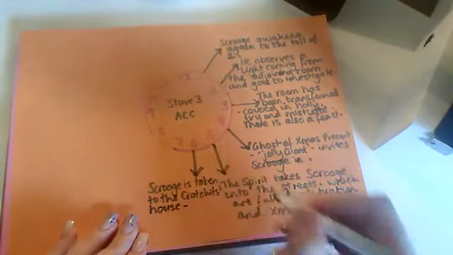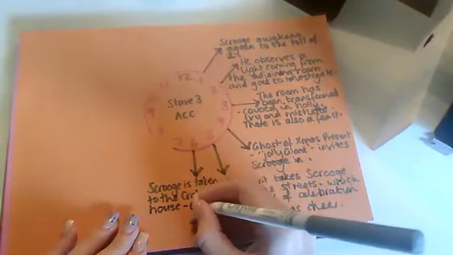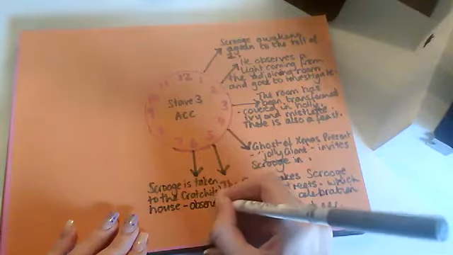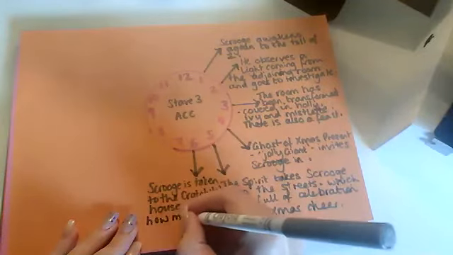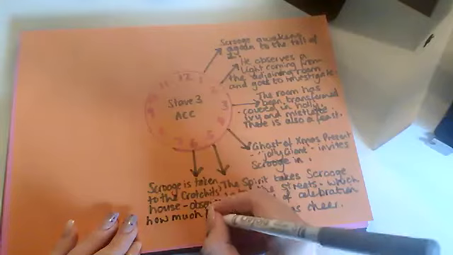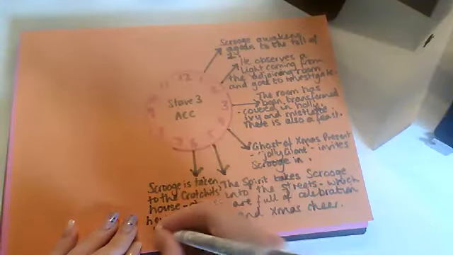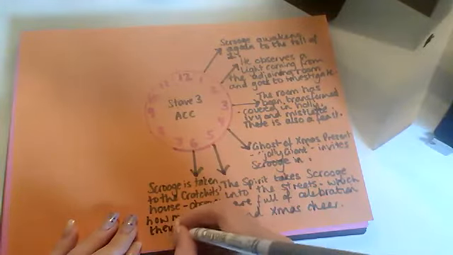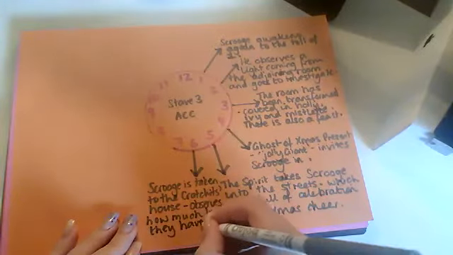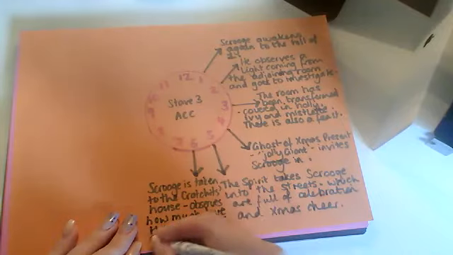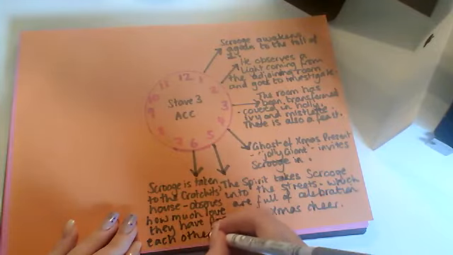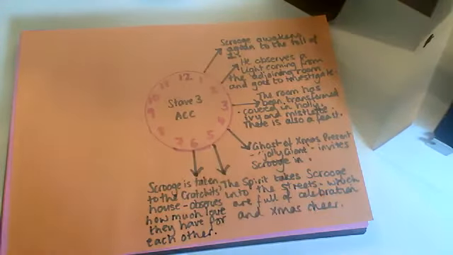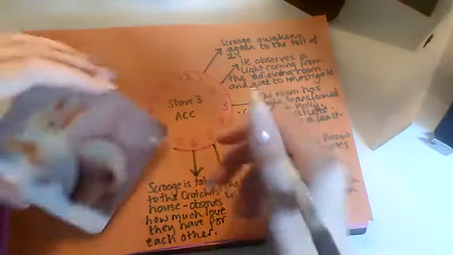Okay, and he observes firsthand how much love they have for each other. Okay, so Scrooge is taken to the Cratchit's house and observes how much love they have for each other.